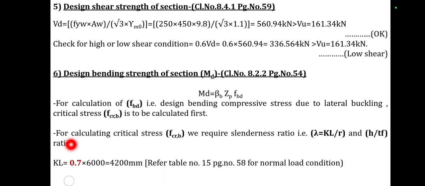So KL, that is the effective length, is equal to 0.7 into 600, that is equal to 4200. We have learned in the previous lecture how to calculate this effective length, and table number 15, page number 58 gives the value for the KL.